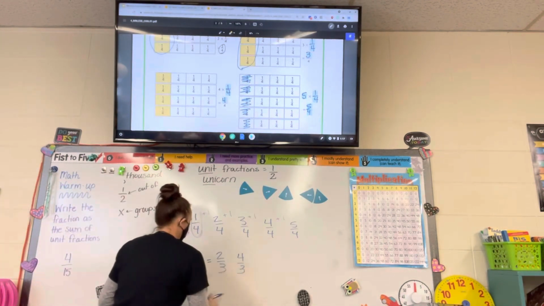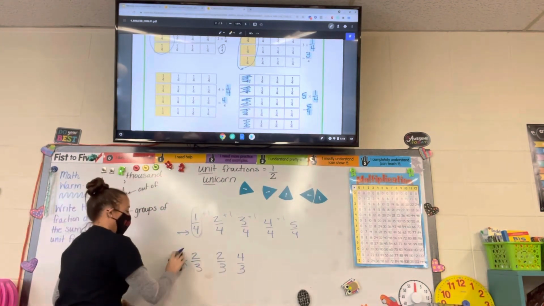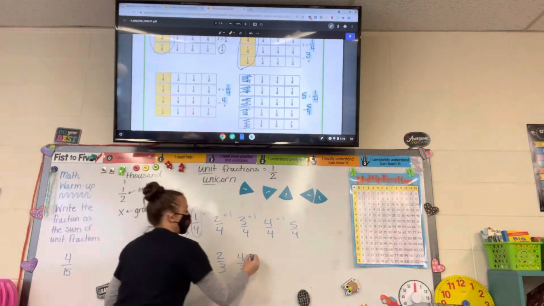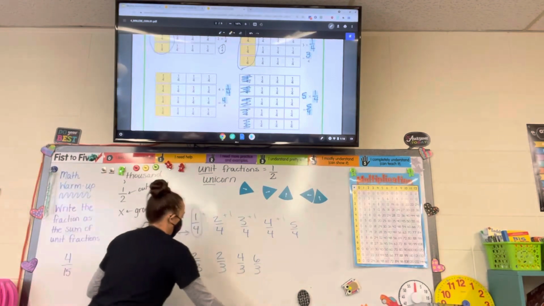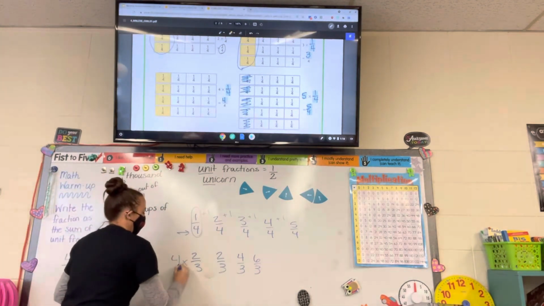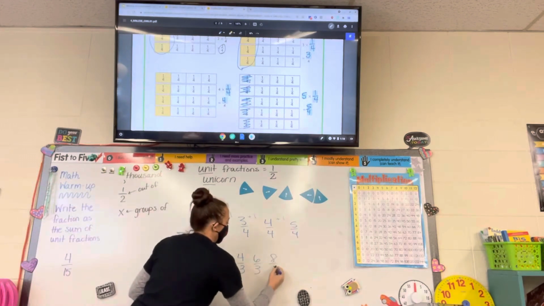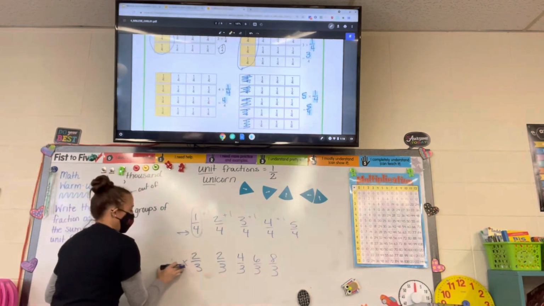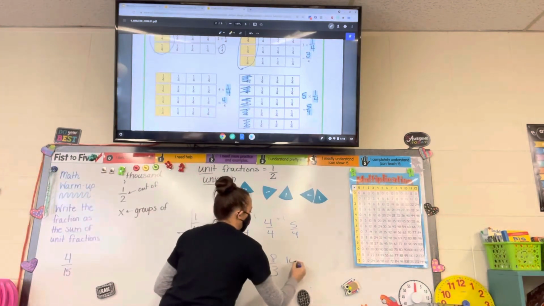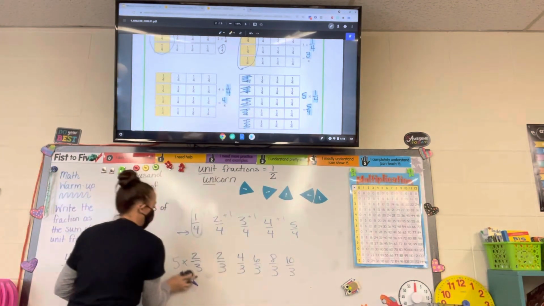What about 3 times 2/3? 6/3. What about 4 times 2/3? 8/3. And last, what about 5 times 2/3? 10/3. Now look at the pattern here.